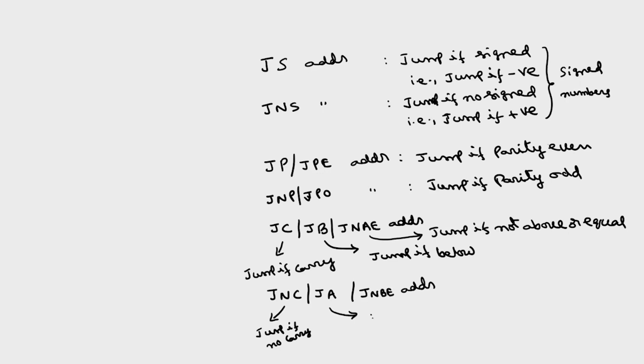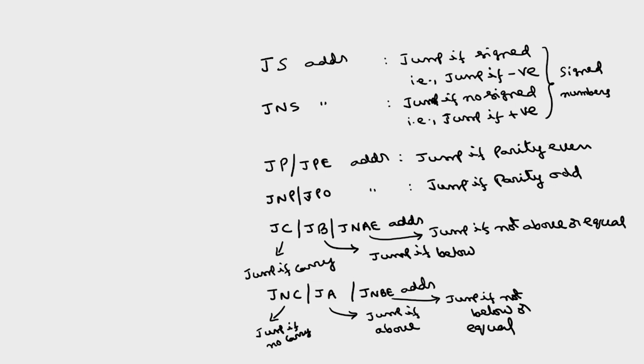This is jump if above, this is jump if not below or equal. These are the two instructions corresponding to the carry flag. So we have discussed a total of 8 instructions corresponding to 4 flags.